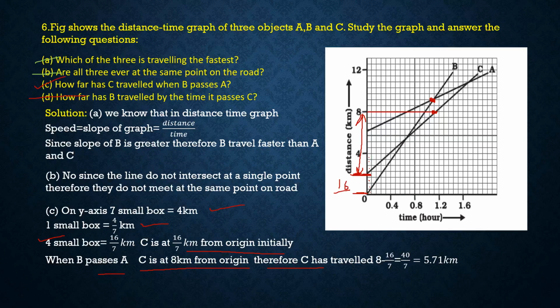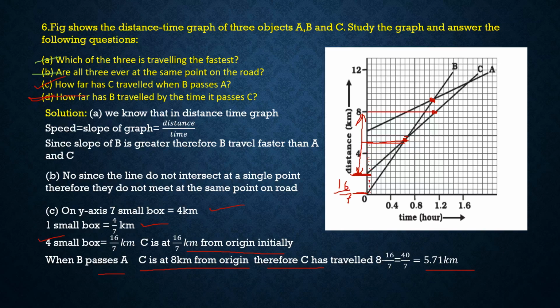Now, how far has B traveled by the time it passes C? B passes C at this point, and this point is here. So there are 1, 2, 3, 4, 5, 6, 7, 8, 9 small squares. 1 square is equal to 4 by 7, so 9 squares will be equal to 9 into 4 by 7 kilometer, that is 36 by 7 kilometer.